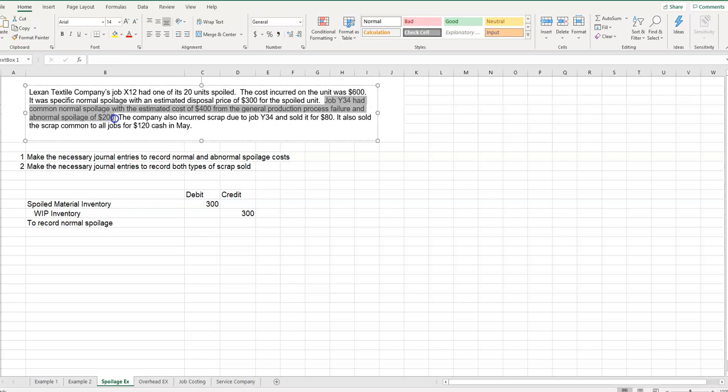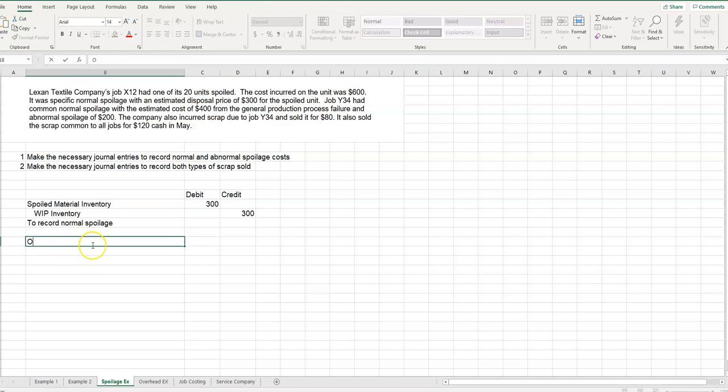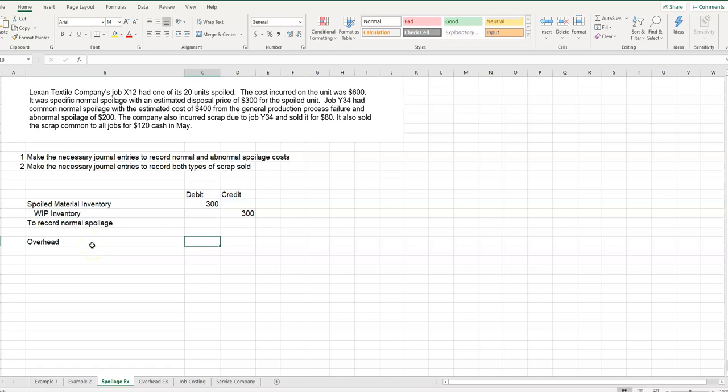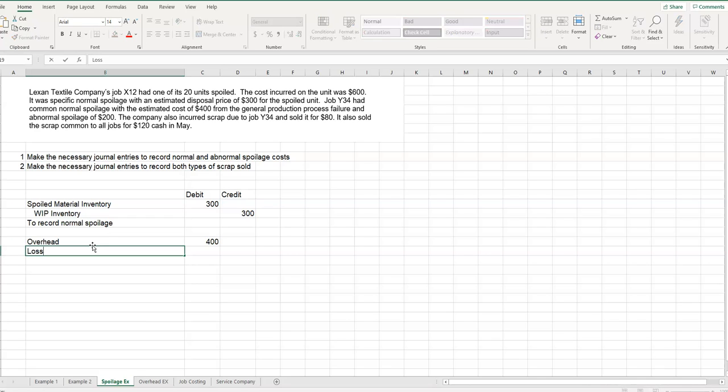It says that we have normal spoilage for $400 and abnormal spoilage of $200. The normal spoilage costs we're going to put into overhead. The abnormal spoilage we record a loss for.